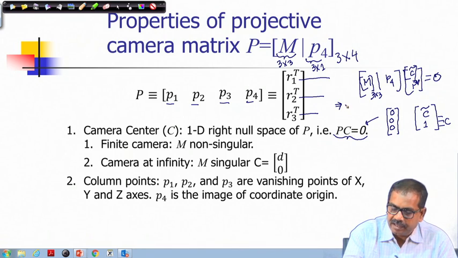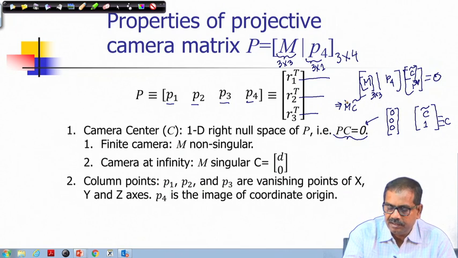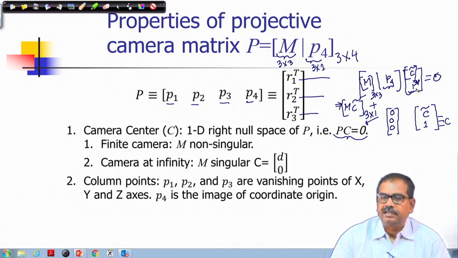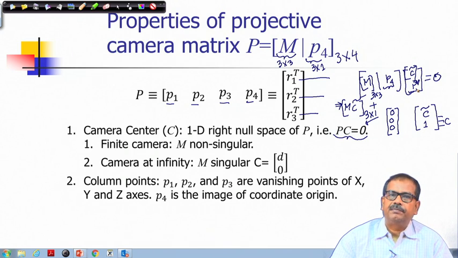So I can multiply M C tilde, which will give me a column vector of 3 cross 1. Then I multiply P4 and 1, applying the same matrix multiplication rules.